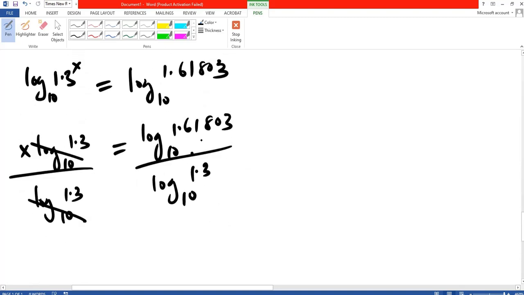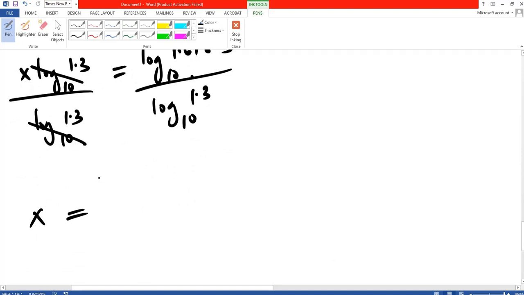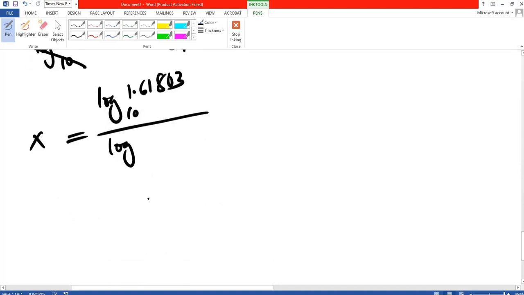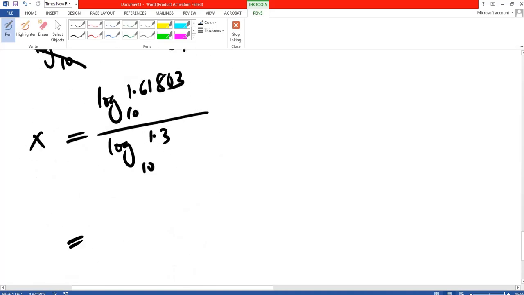which is log 1.61803 base 10 all over log 1.3 base 10. So now let's do that.